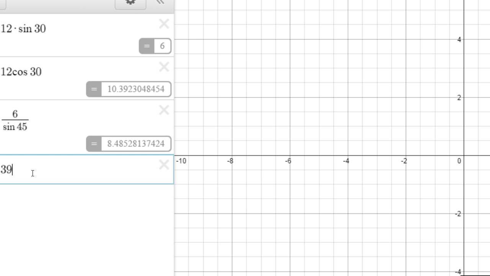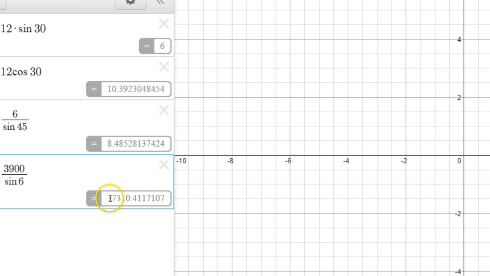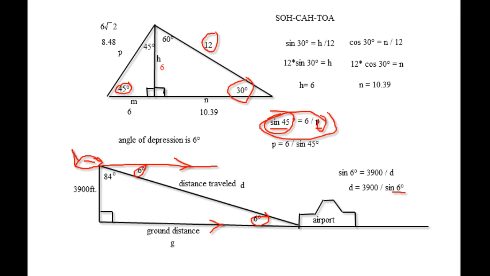So we go 3900 divided by sine of 6, and we get 37,310 feet. So that definitely helps out. So D equals 37,310 feet to get there.